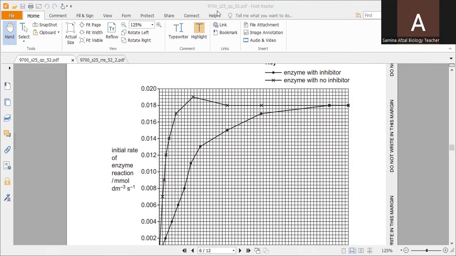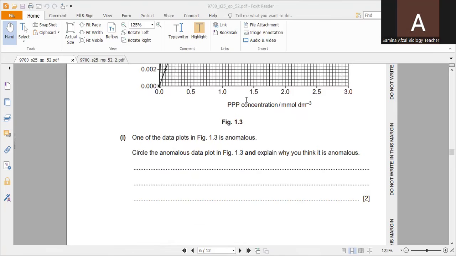With dots, it is enzyme with inhibitor, and the other one is with a cross, with no inhibitor. One of the data plots in figure 1.3 is anomalous. Circle the anomalous data plot in figure 1.3 and explain why you think it is anomalous.